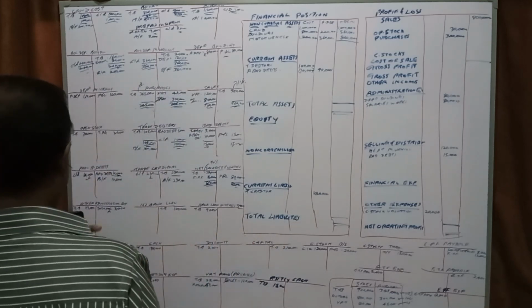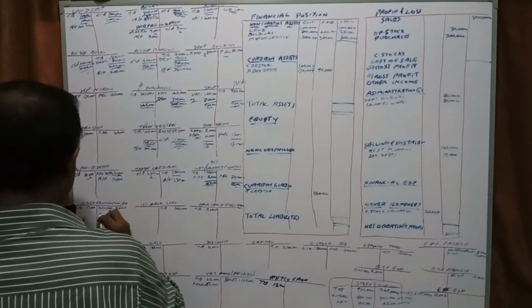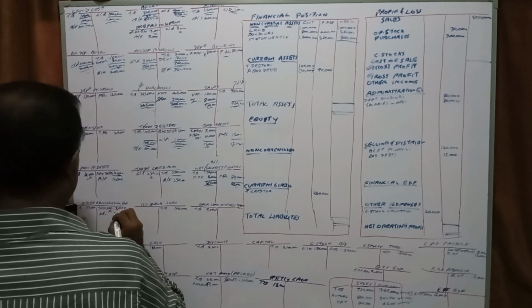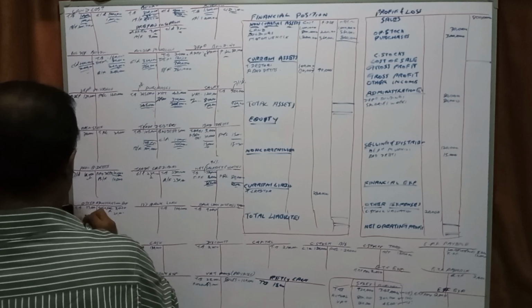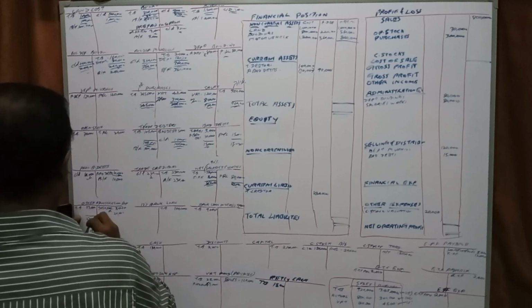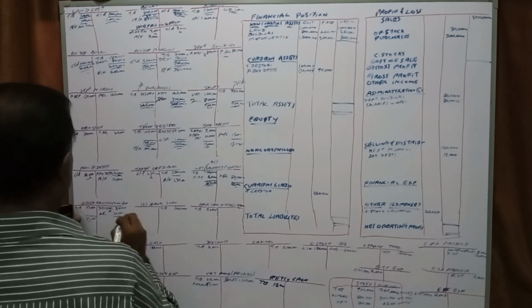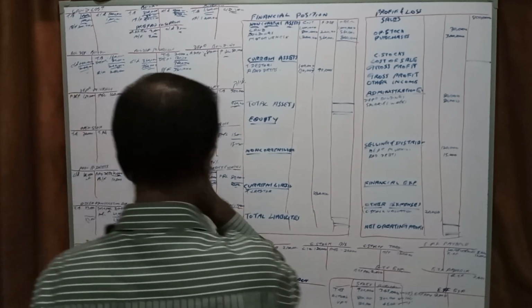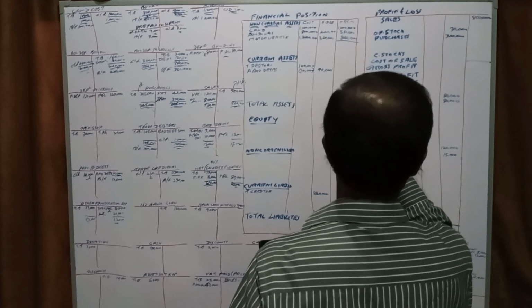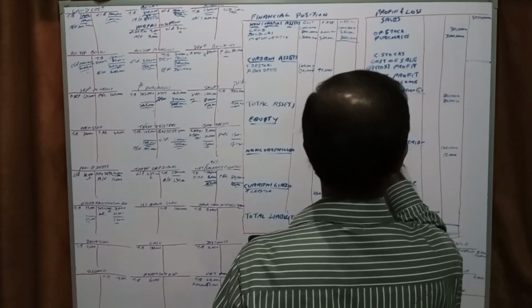So other administration expenses go to P&L, that is 20,000, right? You will debit it to other administration expenses.